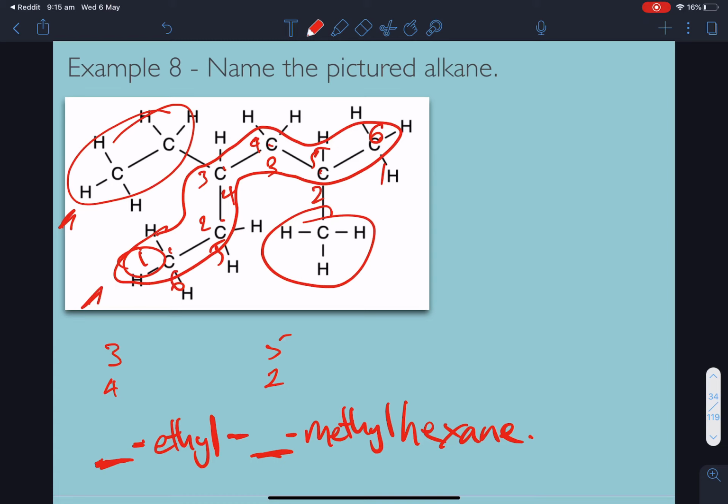The lowest set of numbers of these two is the 2 and the 4. The 2 and the 4 are smaller than the 3 and the 5. So make sure that the numbers go in the correct position. The ethyl comes first and the ethyl's in the 4 position. Notice the smallest number doesn't come first. Oh, I'm on my eraser. So it's 4-ethyl-2-methylhexane. Get rid of those.